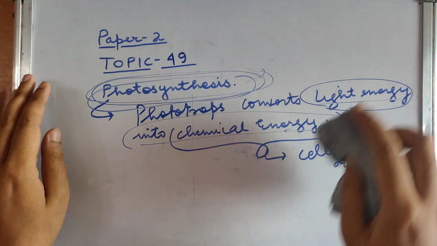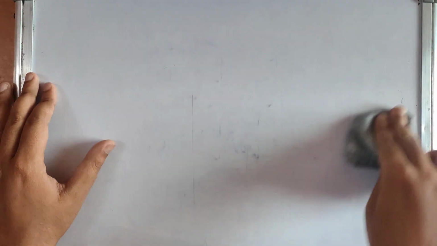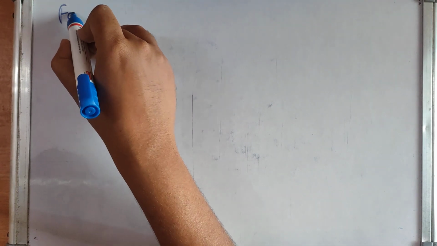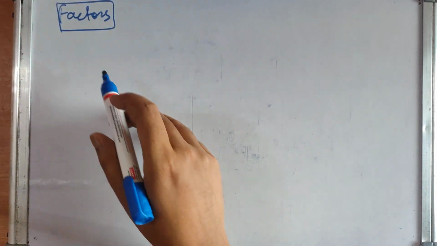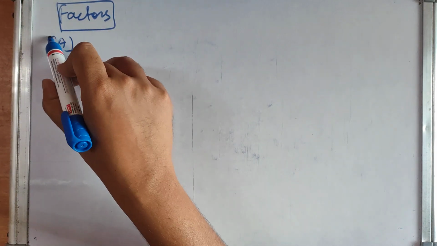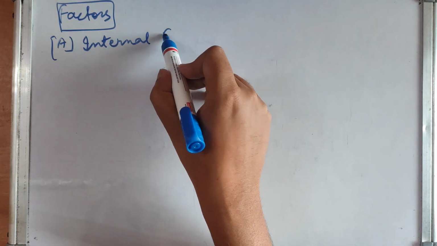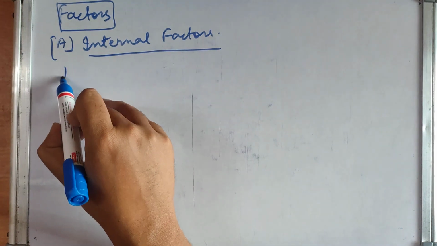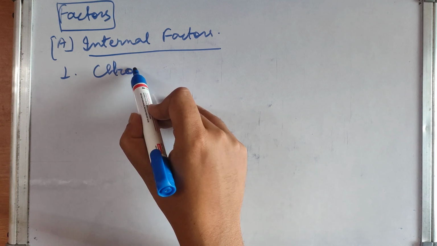Now, what are the factors affecting photosynthesis? First of all, there are some internal factors, such as chlorophyll. Photosynthesis is completely dependent on chlorophyll.